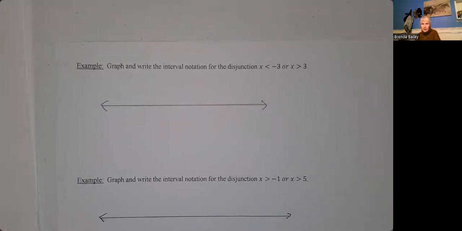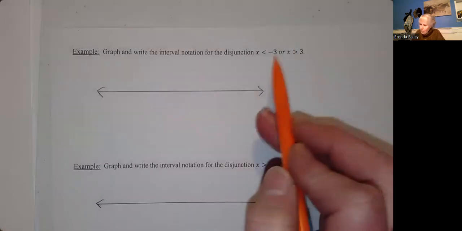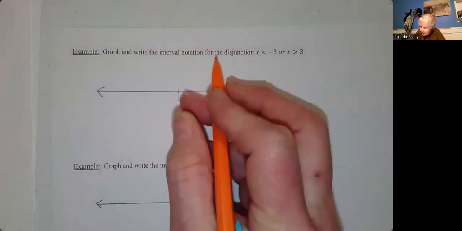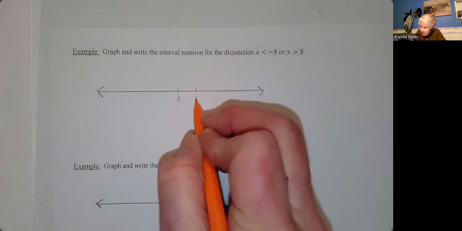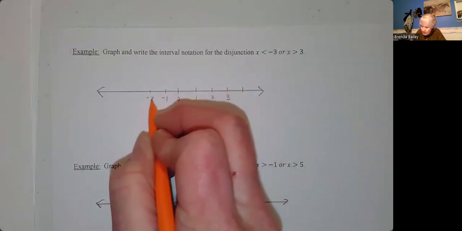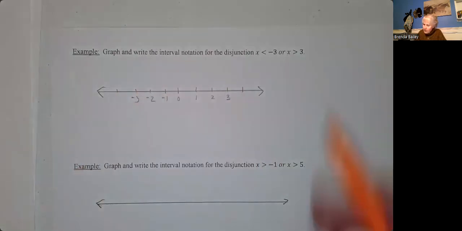All right, let's look at graphing inequalities with a disjunction or a union or an or. Both of these are on the left, so we're going to look at 1, 2, 3, 4, -2, -3, and -4. We'll start with this first one.